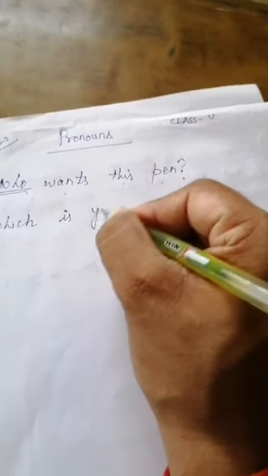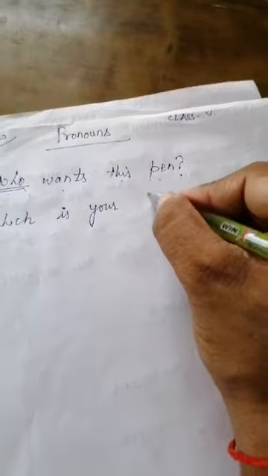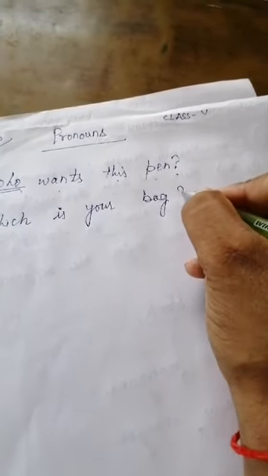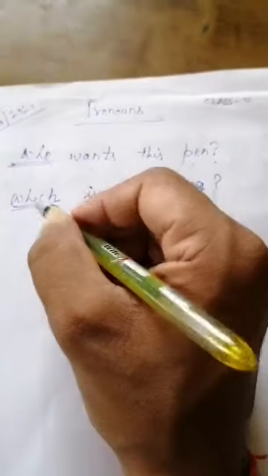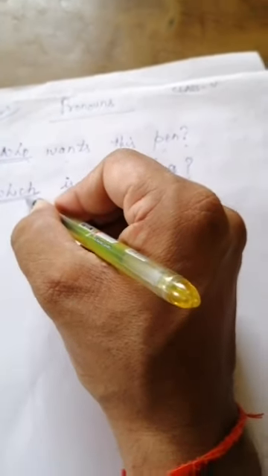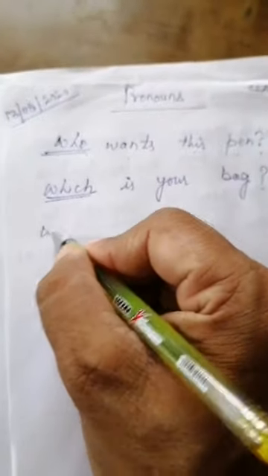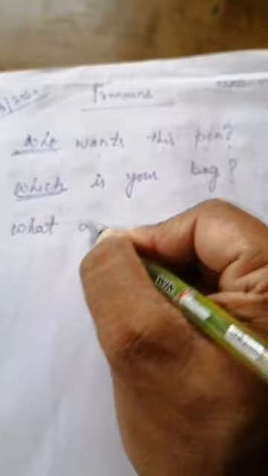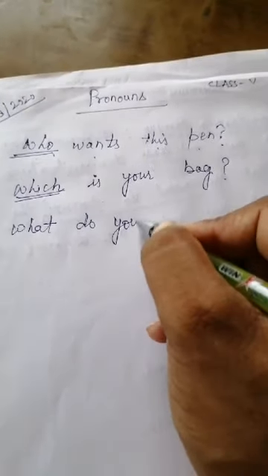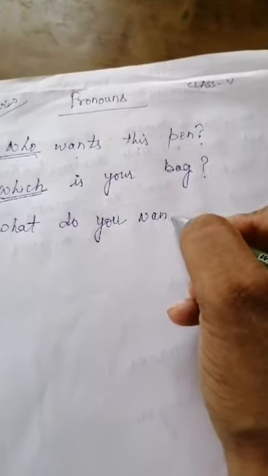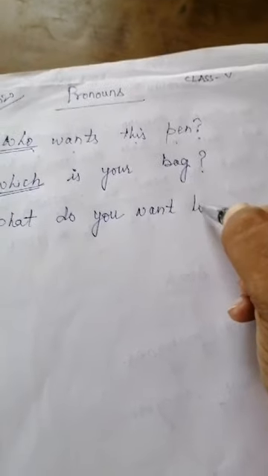Another example, which is your bag? Another question, which is your bag. So which is here also an interrogative pronoun, which is asking the question, which is your bag. Another example, what do you want to eat?